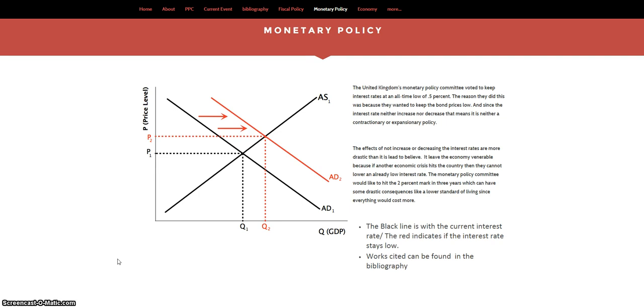So I don't think it's either a contractionary or expansionary policy, but if this goes on, it can be an expansionary policy because of them keeping the interest rate so low. People are encouraged to spend money, and the economy continues to start rolling again.